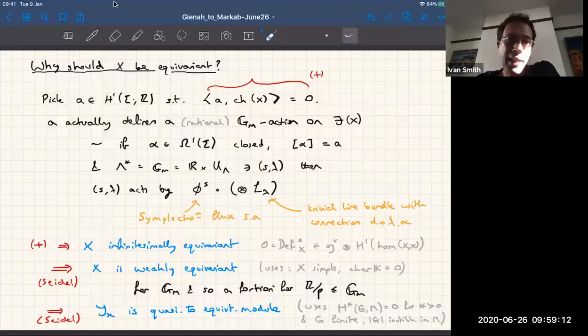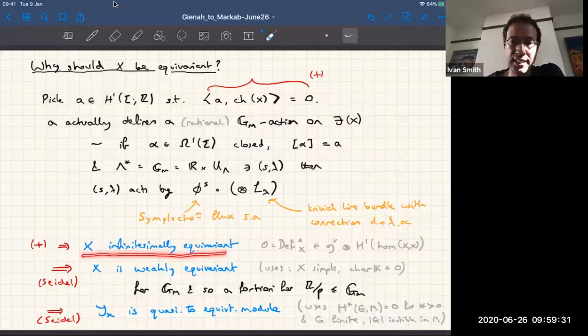And one can make these actions strictly commute, so one can really build a strict action of the multiplicative group. And if I choose A such that this cohomological condition holds, that's somehow exactly what's required to say that my object X is infinitesimally equivariant for this action, in the sense that a natural deformation class, which measures infinitesimal differentiation of the object in the action, vanishes.